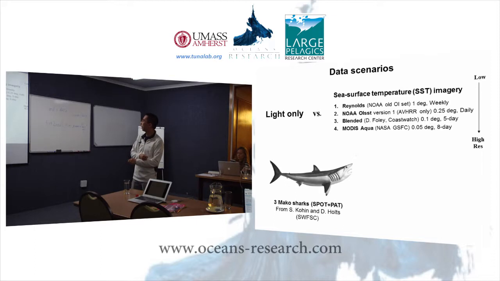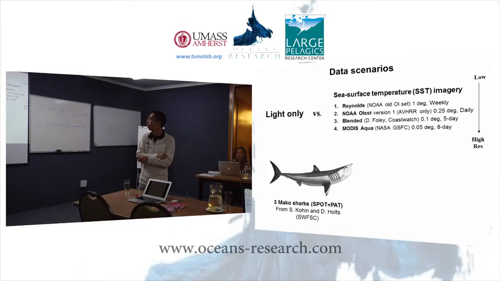The default option that you have been using is called the Reynolds, an archival interpolated one. It's a one-degree weekly resolution, but then you can step it up to use other products which are higher in resolution. And the more things you try with high resolution, the more time it takes.